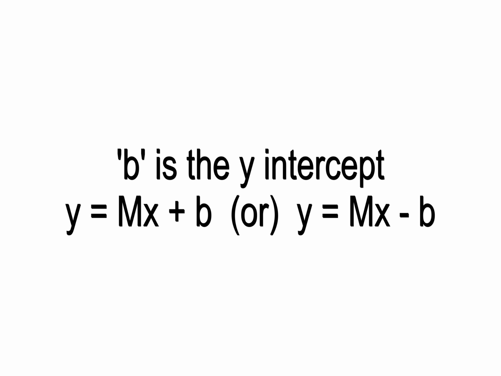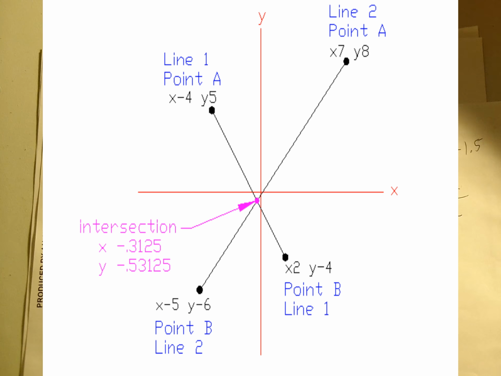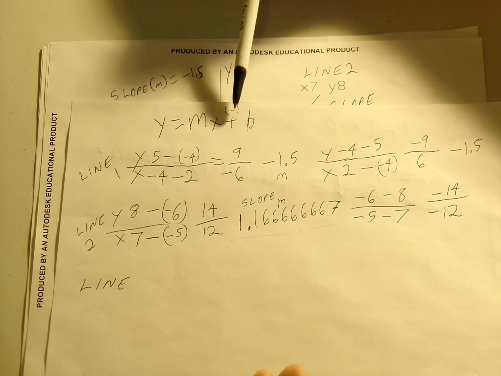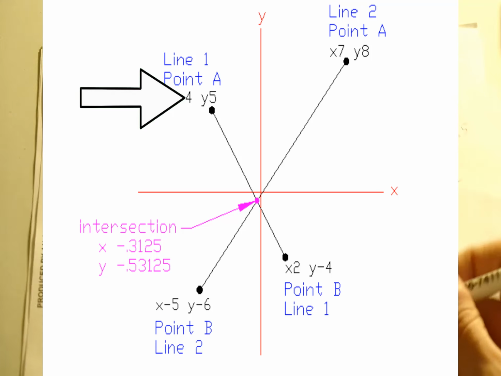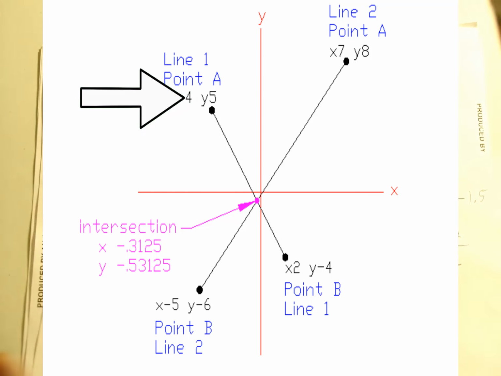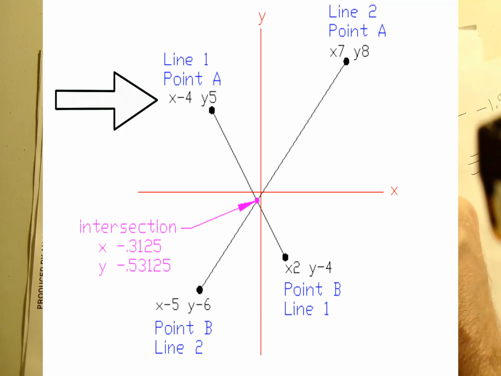Okay, since we have the y, the x, and the m, all we need to do is find the b. And there's the grid system and the points that we have from part 1. Let's start with line 1, of course, and we're going to use the x and y from point A. We have y equals 5, and x equals negative 4.